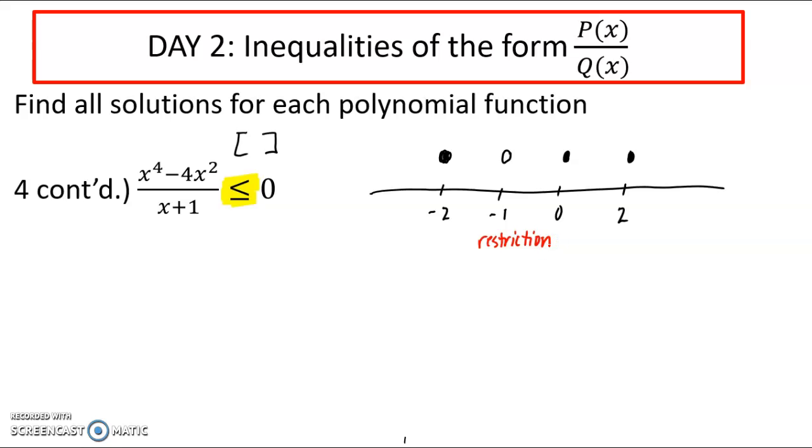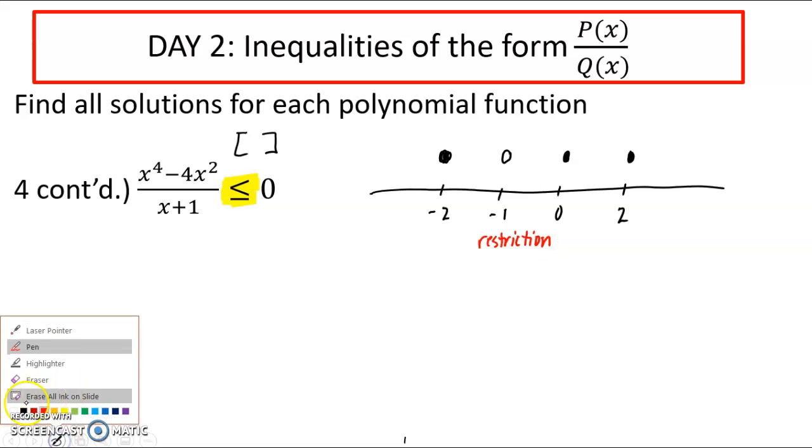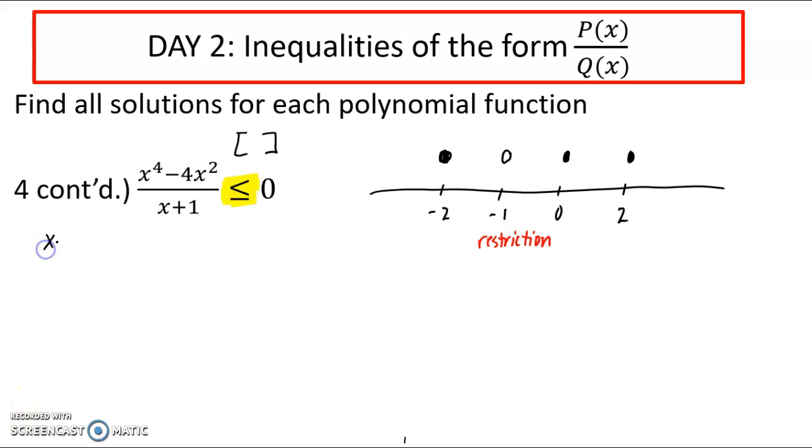All right. So now let me go back to my factored form here. So this was x squared, x plus 2 times x minus 2 all over x plus 1. All right, now when I test my values, I got a lot of places that I have to actually plug in for.